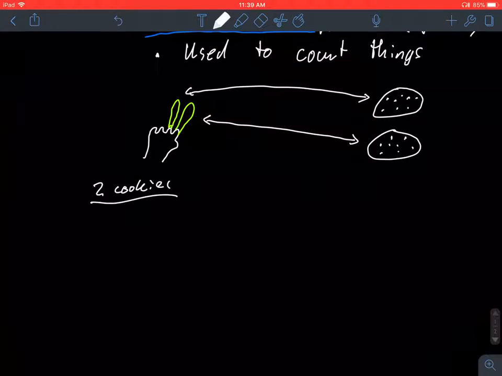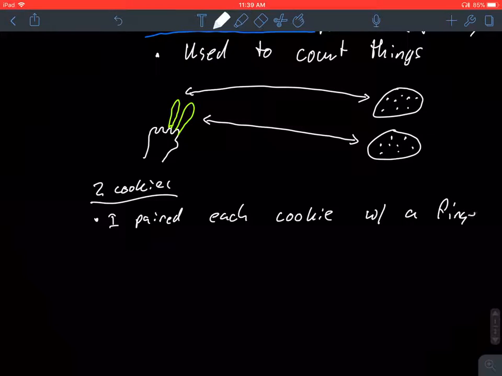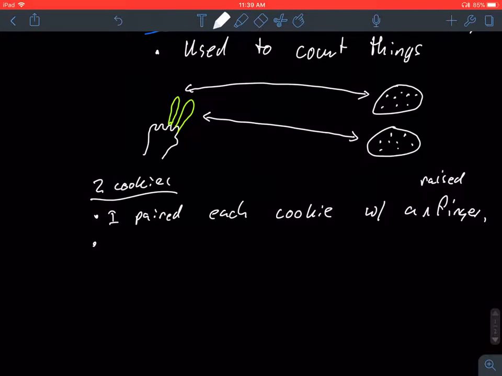And how do I know this? Because one, I paired each cookie with a raised finger, and then the second thing that I did, well, I wanted to write it there, but I'm running out of space.